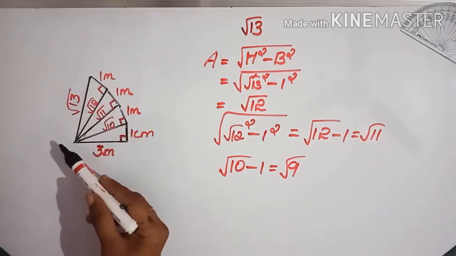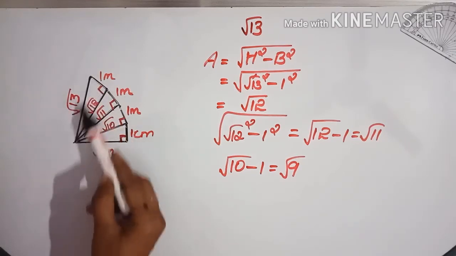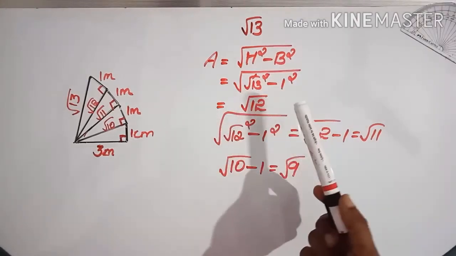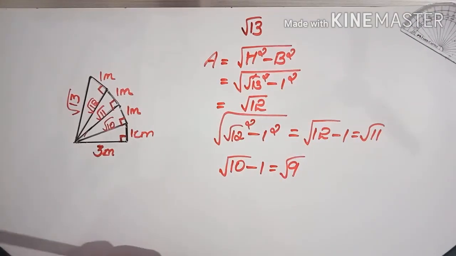By continuing this process, at this point that hypotenuse will be root 13. This is the second method. The first method already explained is adding 1 and subtracting 1 and drawing the right triangle. Here also we draw right triangles, only the measurement we are taking is different. So this is the second method.